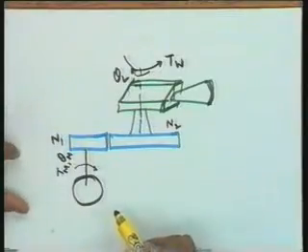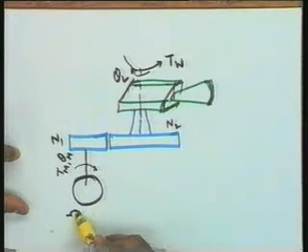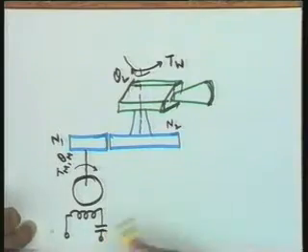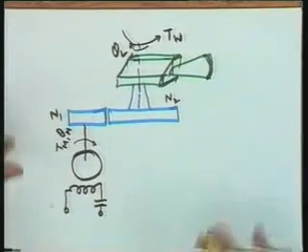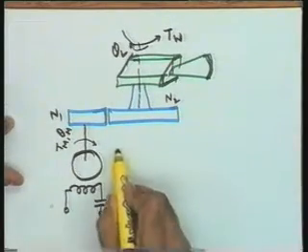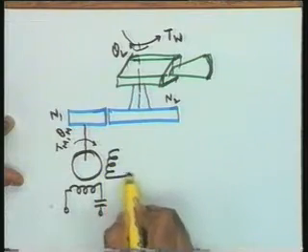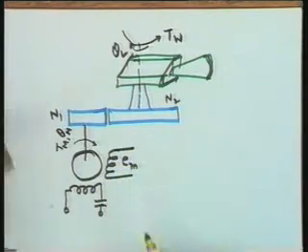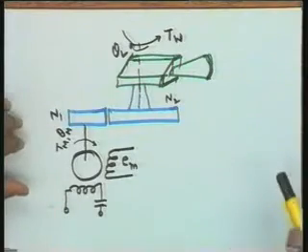Now this particular motor will have two windings. One will be a reference winding, so let me have a reference winding and a phase shifting capacitor over here. The control phase winding is going to have the voltage Em, which is the modulated signal.